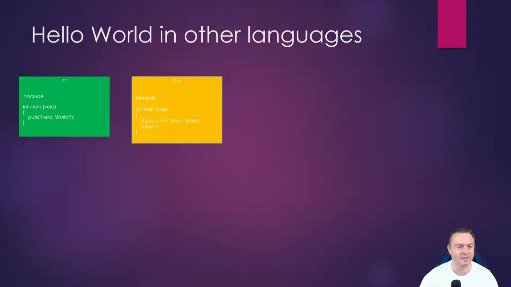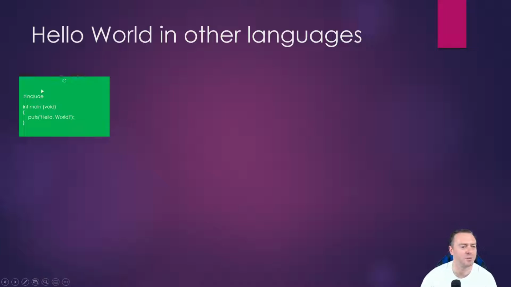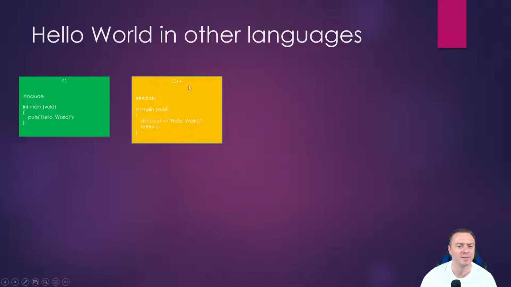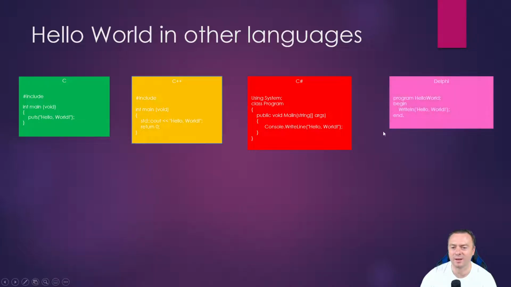If we were to write it in C, this is the way it would need to be written. You need to include, and then you would go int main void puts hello world. Then C++, similar to C, but it would use the standard output, std::cout << hello world, and then return 0 because it needs to return a value. C# would use the system, make a class called Program, then make a Main function, and then do Console.WriteLine.